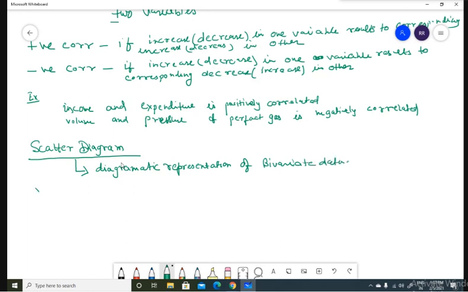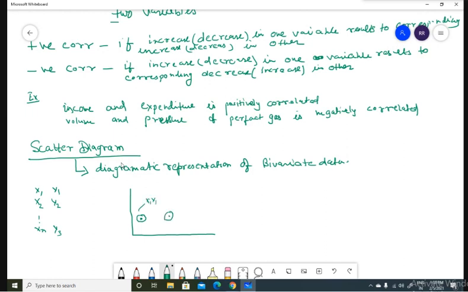Suppose your observations are x1, x2 up to xn, and the corresponding values y1, y2 up to yn. So you can plot like this. This point will be x1, y1.